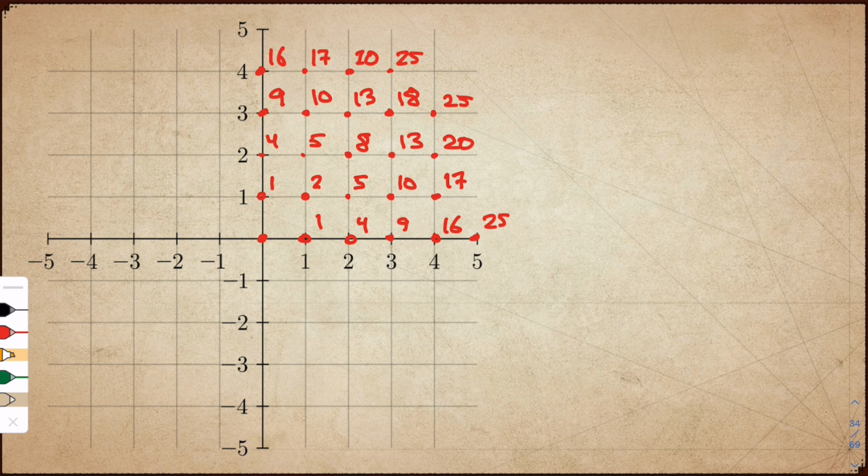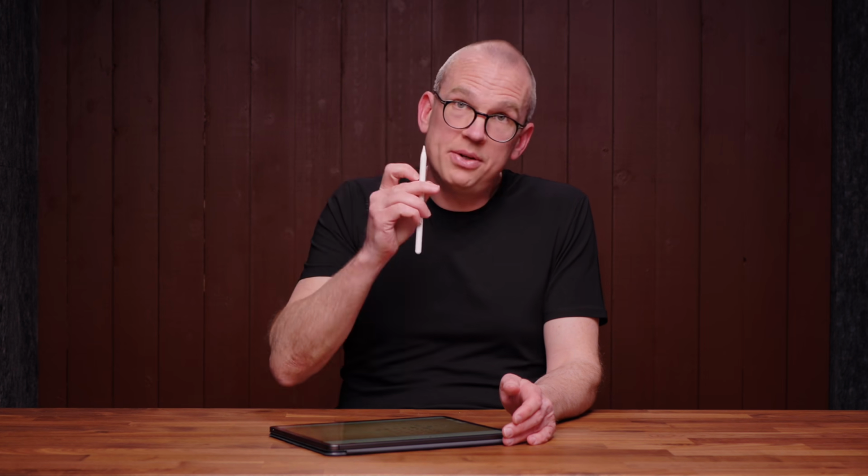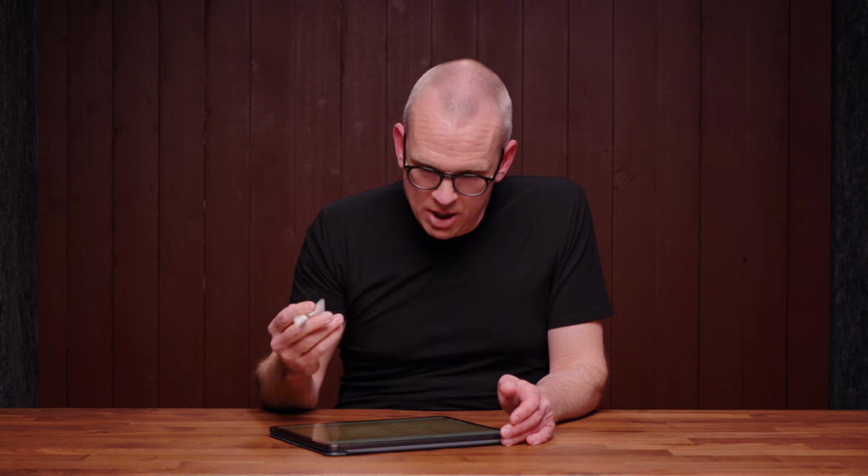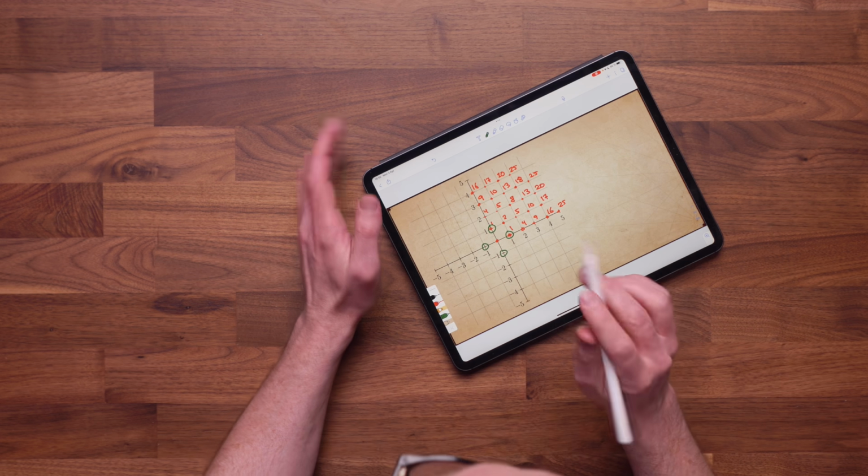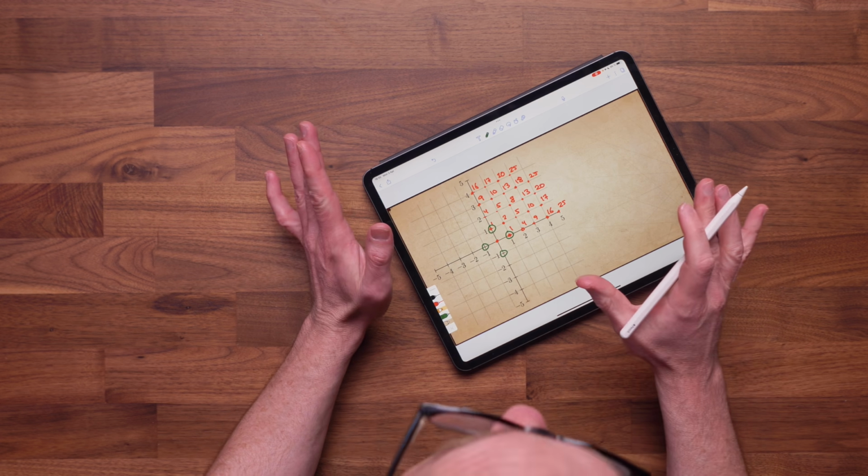Now let's count. How many points have norm 1? Well, there is 1, 2, 3, 4 points in total, but there is a rule that when one point can be rotated into another by a 90-degree rotation, then they count as the same point. So these 4 points, they just count as 1.